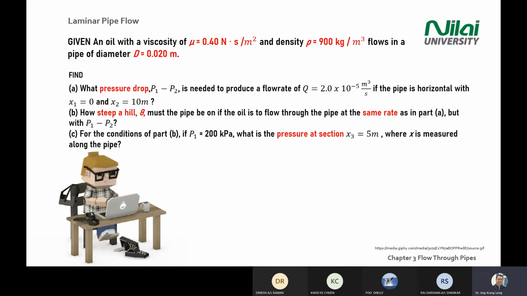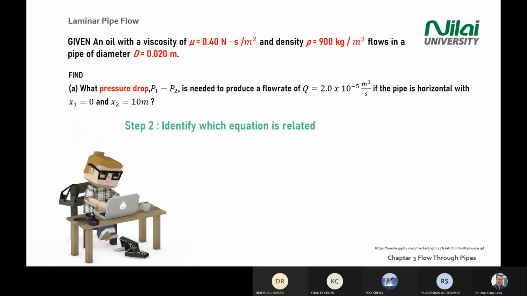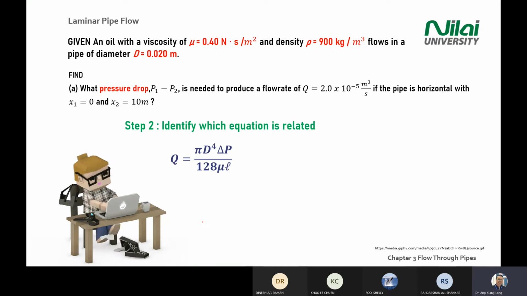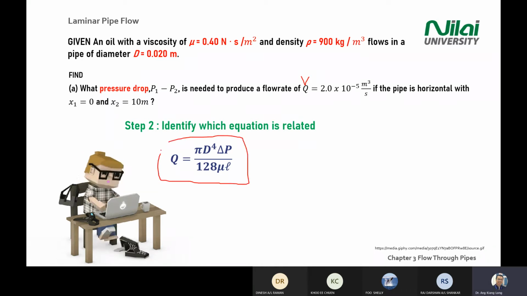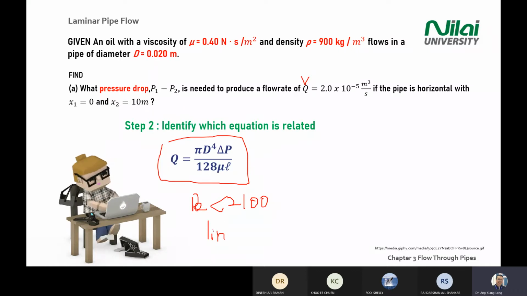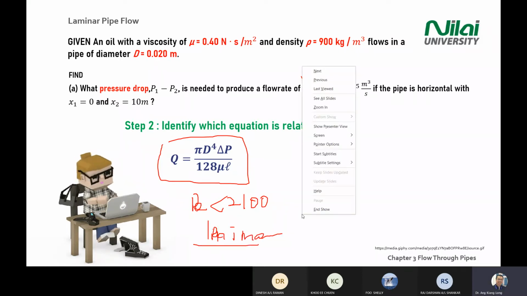All right, how do we solve? First, identify the parameters. Second, call out the equation. So we want to find delta P, go and look for the delta P equation. In this case, since you're given the Q, go and look for the Q equation. And remember, this equation only works for Reynolds number less than 2100, which is laminar flow.